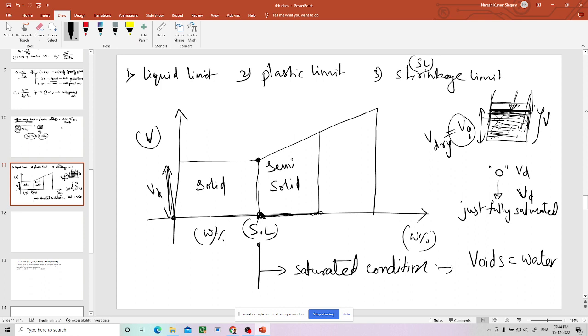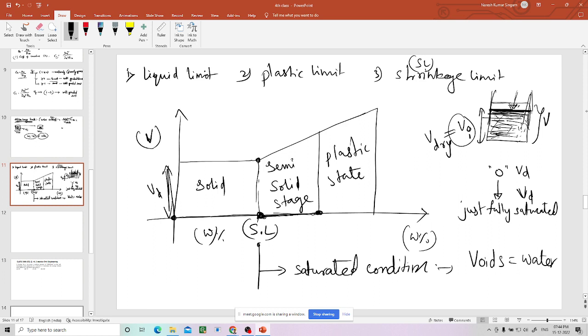After a certain point, what happens? It will behave like plastic state. When you take a plastic and if you burn it or heat it, however it flows, that is called plastic state. This is plastic state.